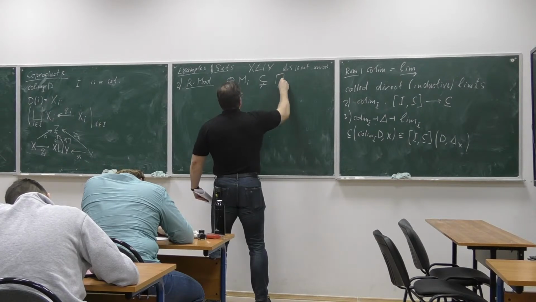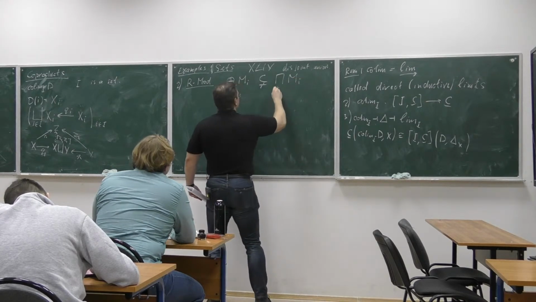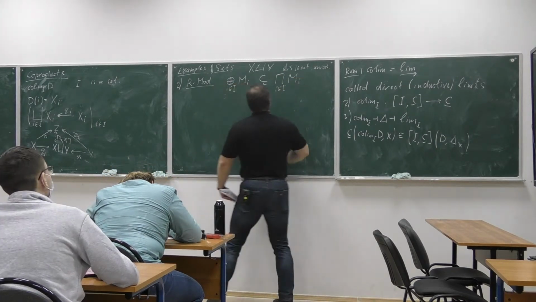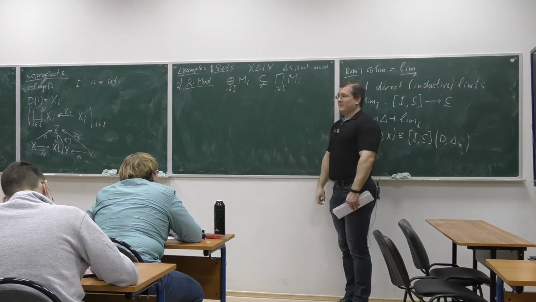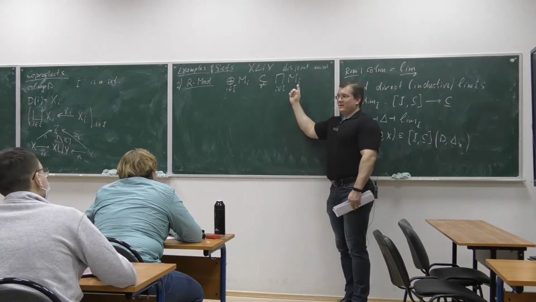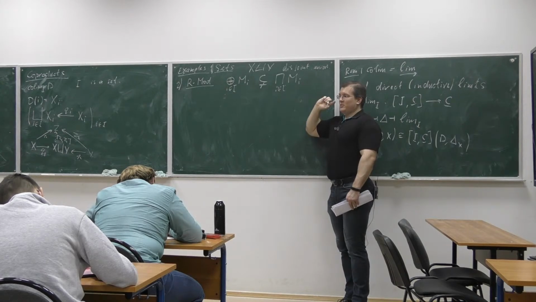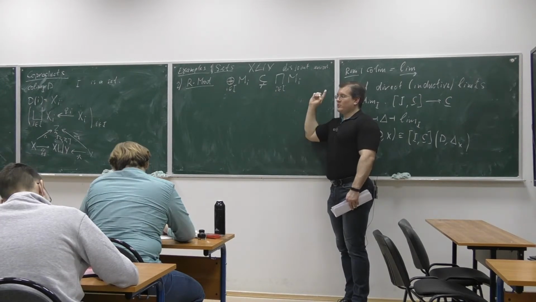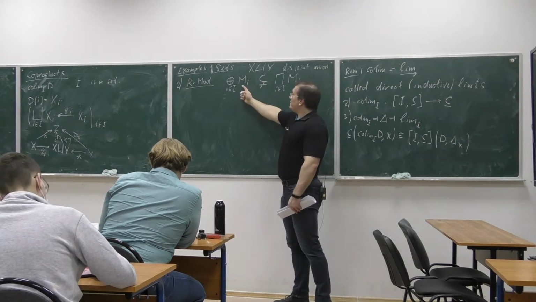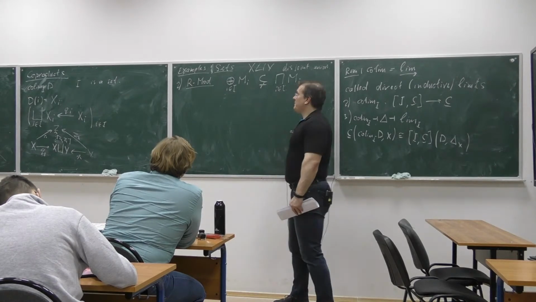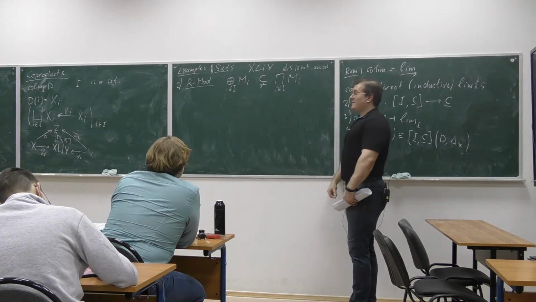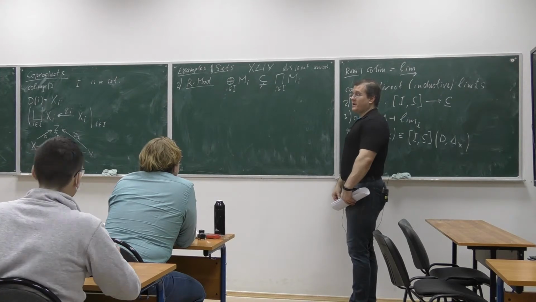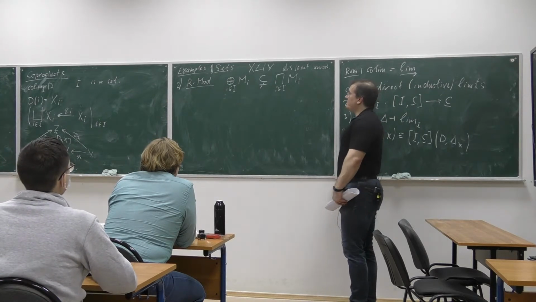But notice that this is different from the product. Here we have all the vectors with all possible components, and here vectors have only finitely many non-zero components. But it's exactly the same if and only if I is finite. In general, they are different.